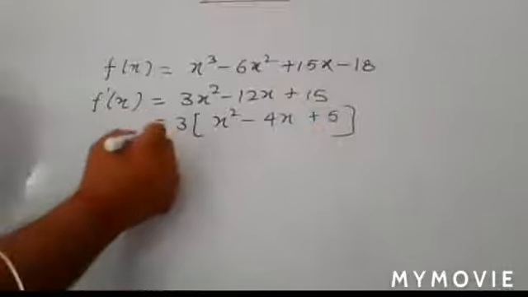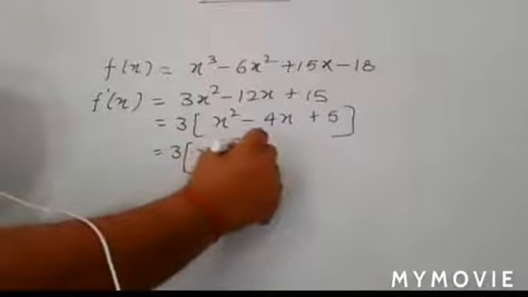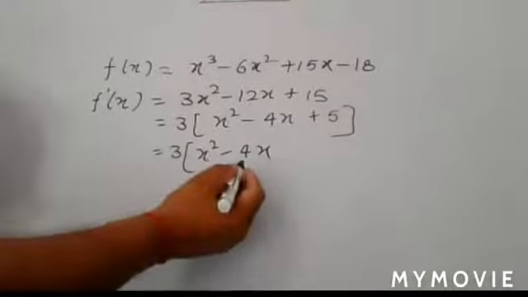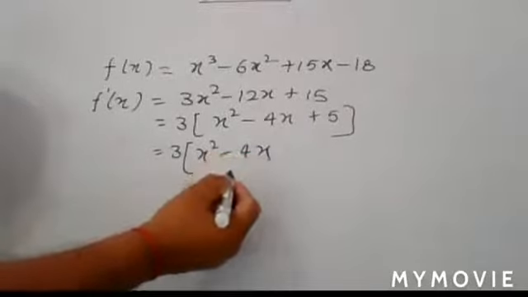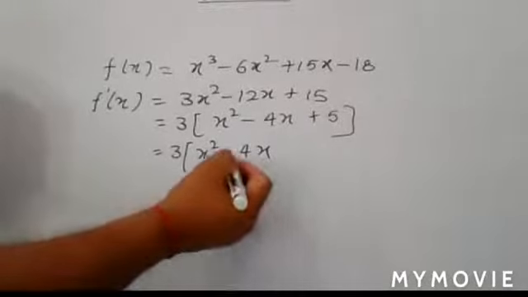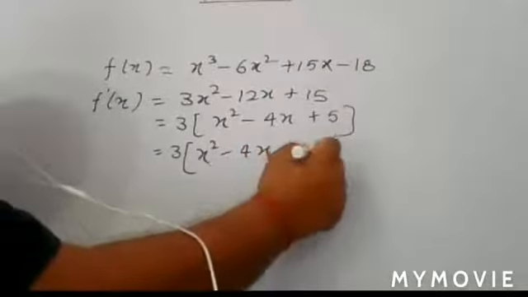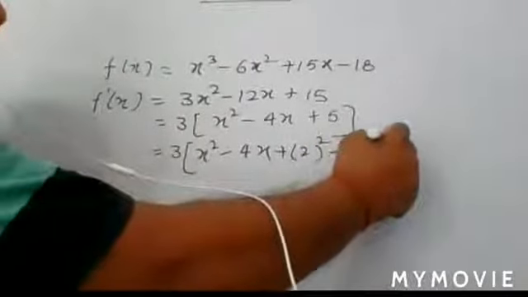Okay? अब इसका perfect square अगर आपको बनाना है तो क्या करोगे? x square minus 4x. Now take half the coefficient of x. Here your coefficient is minus 4, but you take only the positive value. So 4 is there, taking its half, that is 2. So you square 2 and subtract it: minus 4 plus 5.